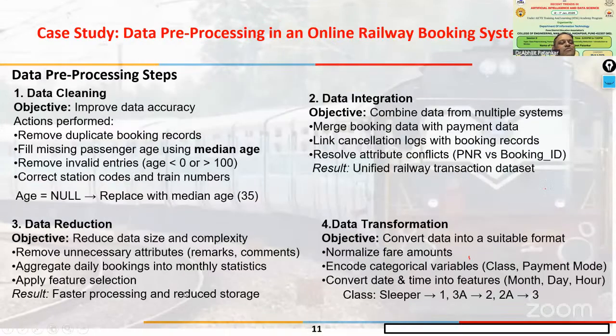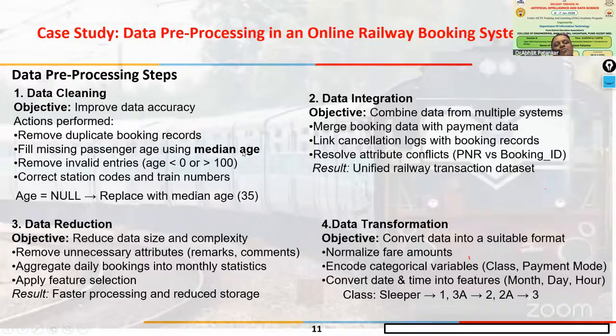Now, what are the things we require to do? We require all these operations that we discussed for this online railway booking system. First of all, we require the cleaning operation. To improve accuracy, we remove duplicate booking records, first of all finding and removing them. Then fill missing passenger age using median age.